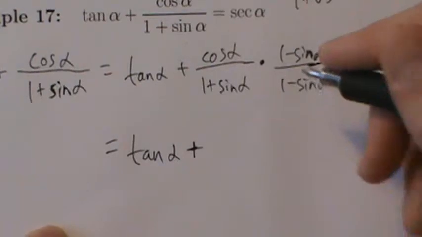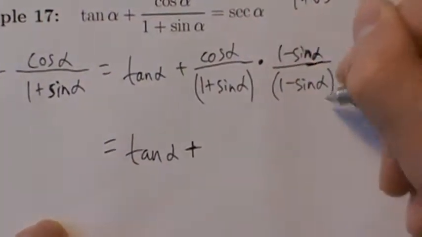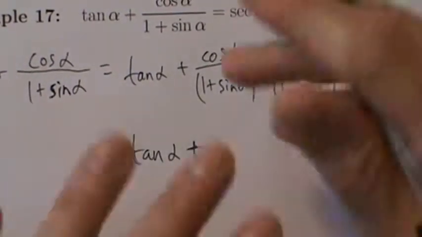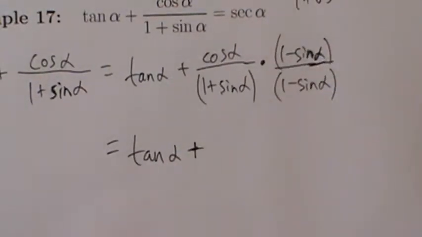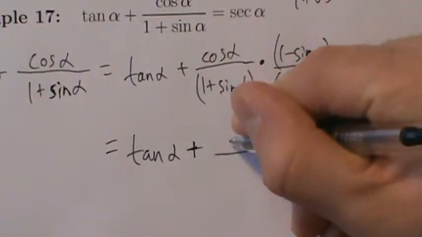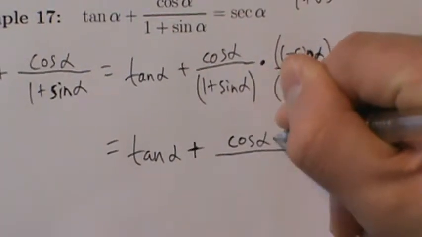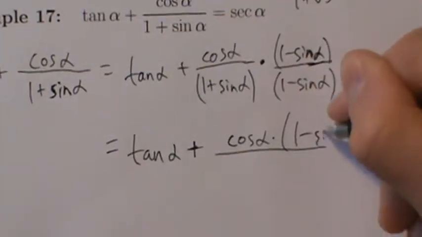Now on the bottom, let's FOIL, and on the top, leave it factored. Don't expand, don't distribute. So on the top, we still have cosine alpha times 1 minus sine of alpha.